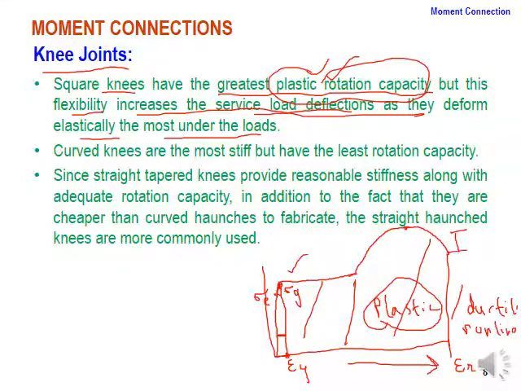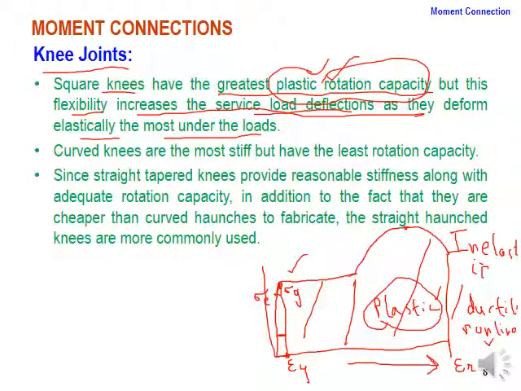Elastic design is where we design our steel material with respect to the yield strength. Once we are beyond the yield strength, it will be inelastic design of the steel material. So these are the various terminologies used for the design of a steel structure: plastic design, inelastic design, ductile design, or non-linear design.